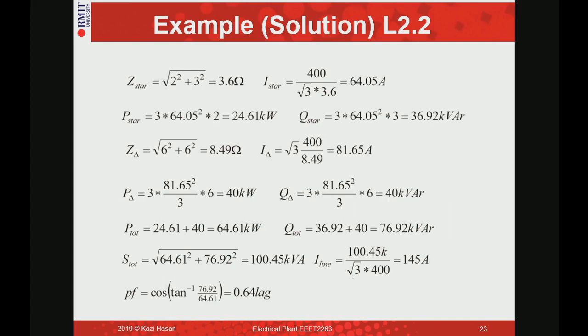Power is, for example, if I have R plus jX here, then how do I calculate the power here? I calculate the power here by I squared R. That is the power loss. And the I is flowing through this, isn't it? What I is this?